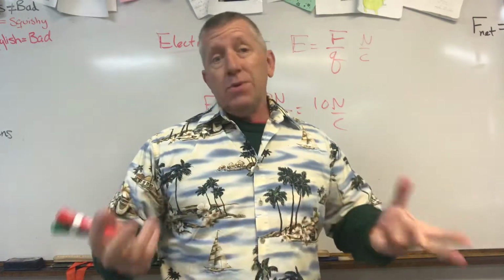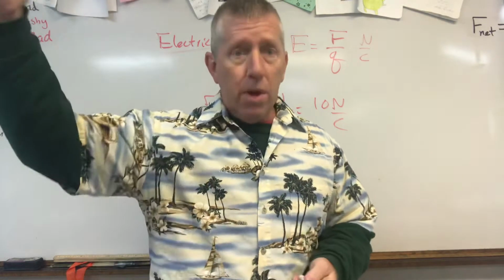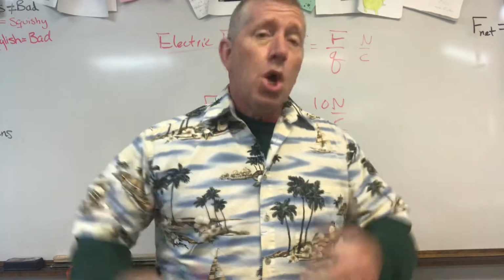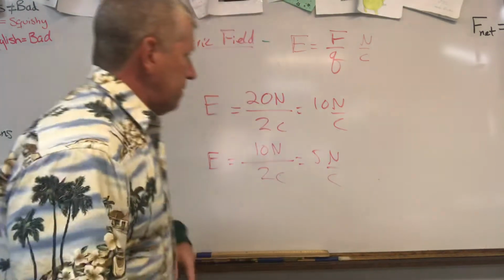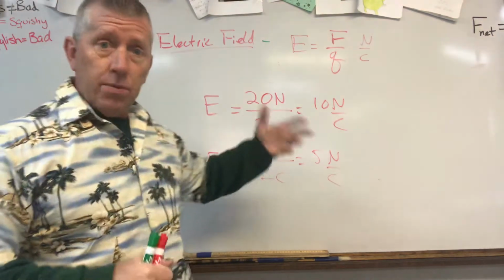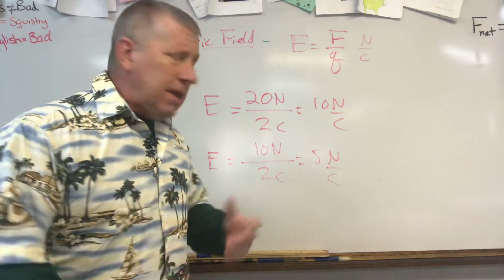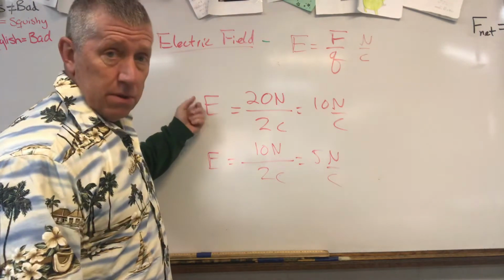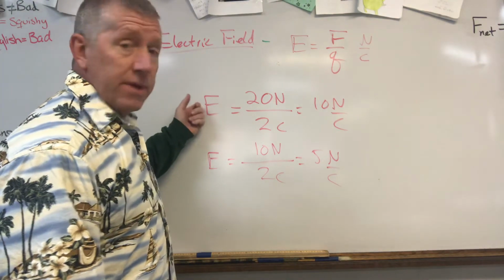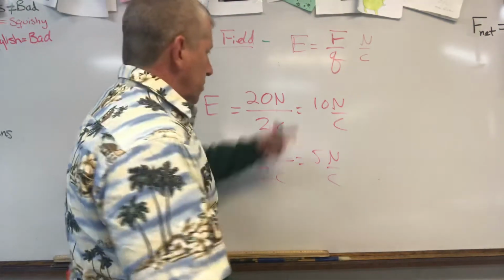Now we're talking about the strength of the field getting smaller as we get farther away. But when it comes to electric fields, we'll be solving problems with them, and it's much more important to understand that the electric field strength at a particular distance from a charged particle will give you a particular field strength.